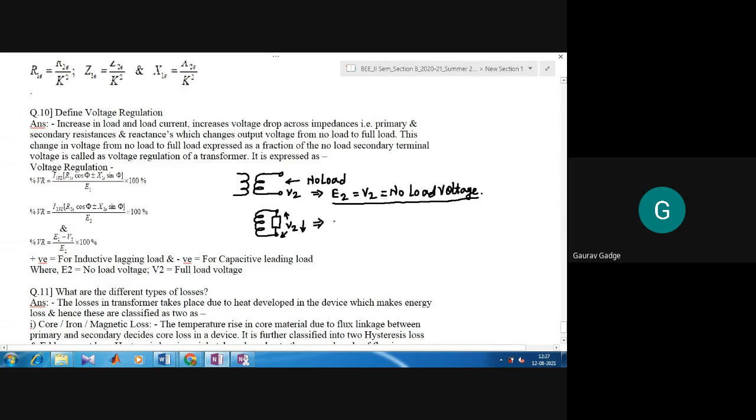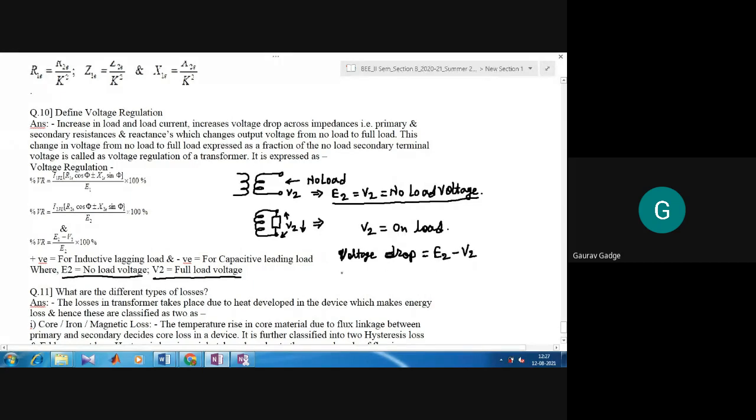So as V2 reduces, you get another parameter, which is V2 on load. So V2 is the no load voltage, and V2 is also the full load voltage. Therefore the voltage drop is E2 minus V2.